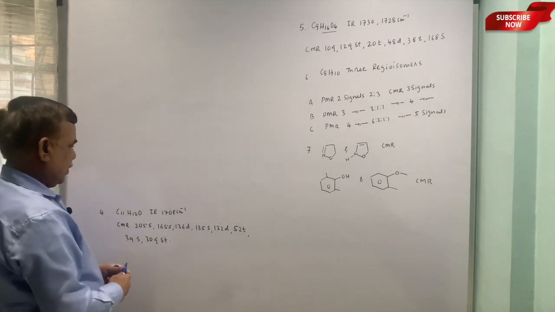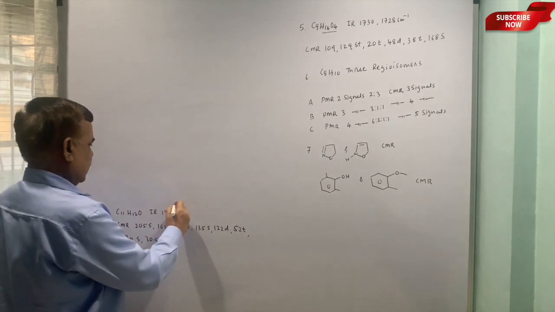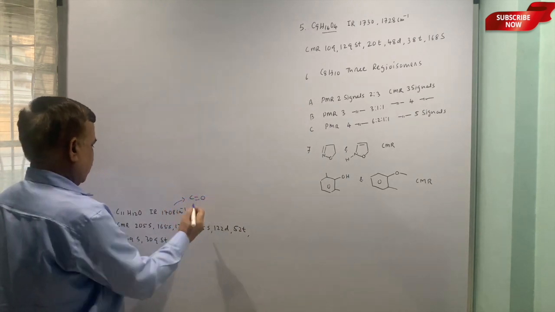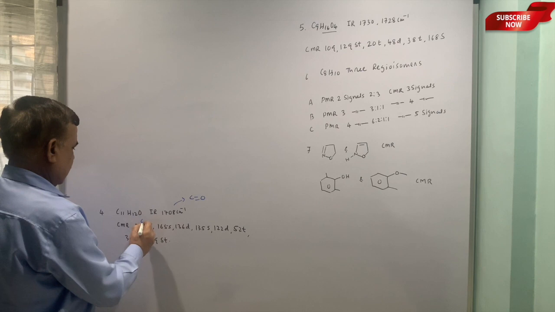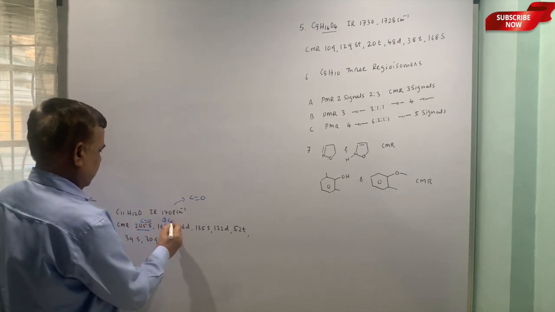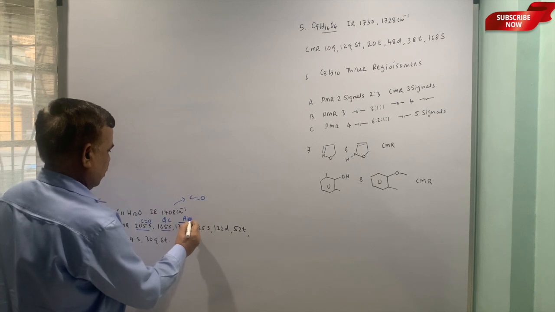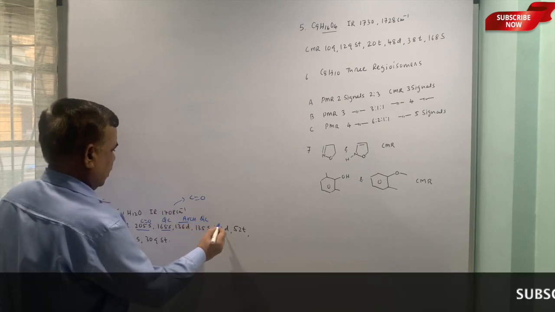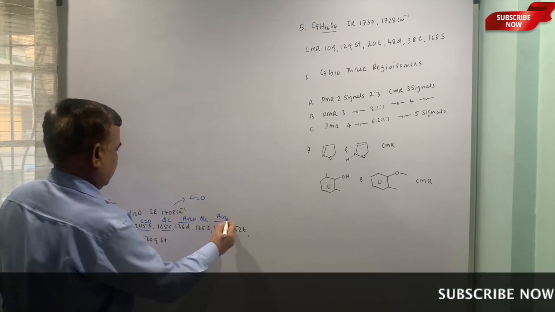Now, C11H12O. IR 1780 suggests a carbonyl group. This is that carbonyl group of a ketone. Then singlet quaternary carbon, doublet aromatic CH, quaternary carbon, aromatic CH.